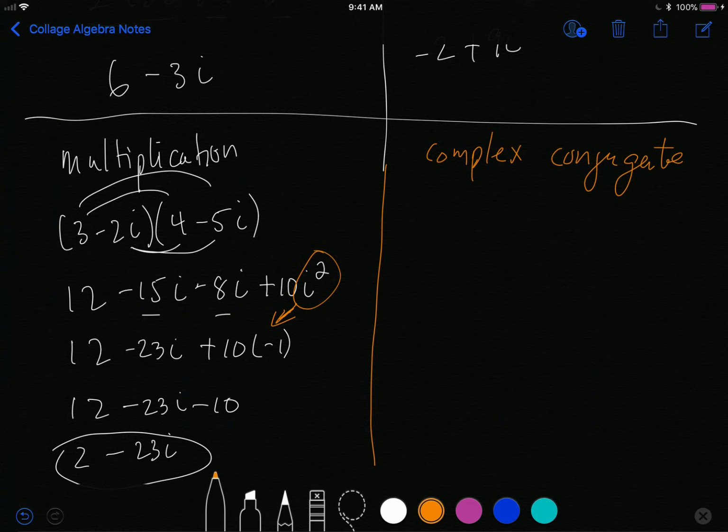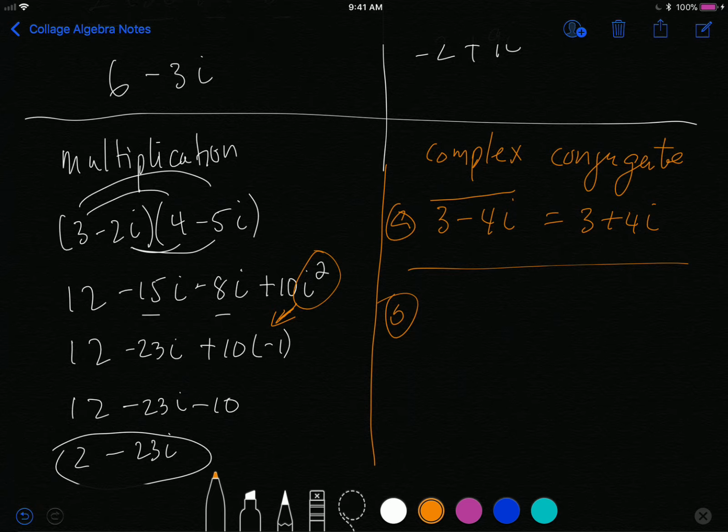If I have a complex number 3 minus 4i, then the conjugate is denoted by a bar above the complex number, and the conjugate is going to be 3 plus 4i. To find the complex conjugate, you simply change the sign on the imaginary part of the complex number. So if I had, say, 2 plus 5i, then the conjugate would be 2 minus 5i.